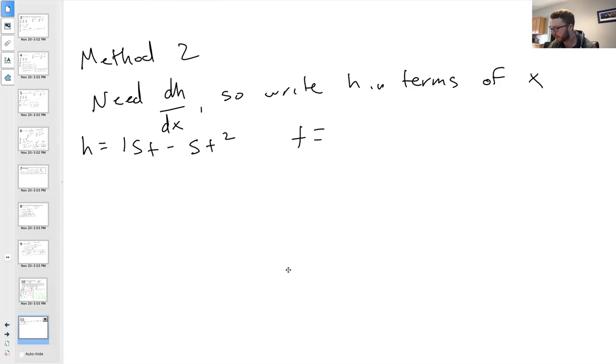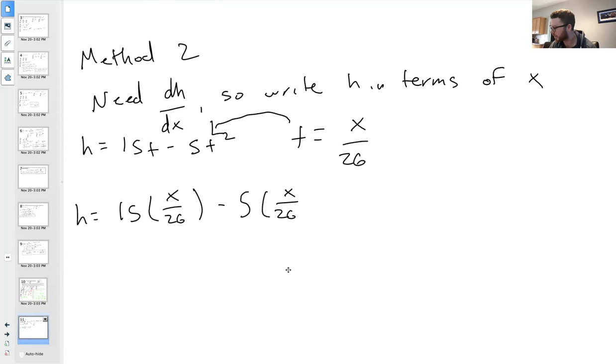So t is equal to x over 26. And if we do it that way, now we can substitute in our t where we see it in here. So h is equal to 15 multiplied by x over 26, minus 5 times x over 26 to the 2.